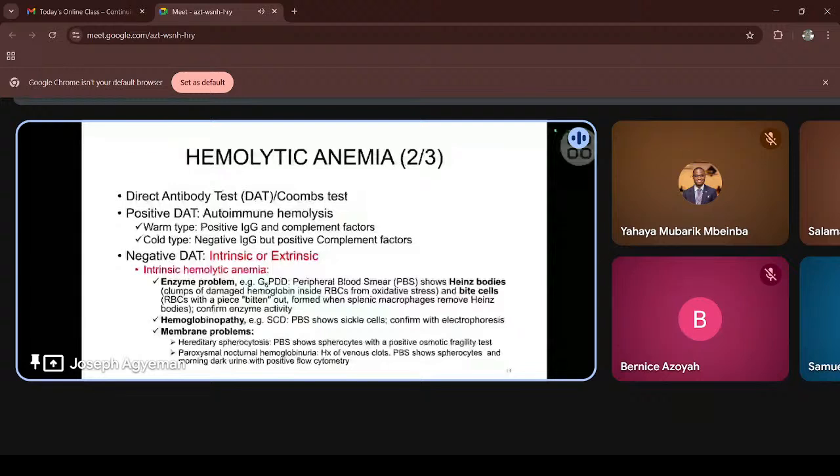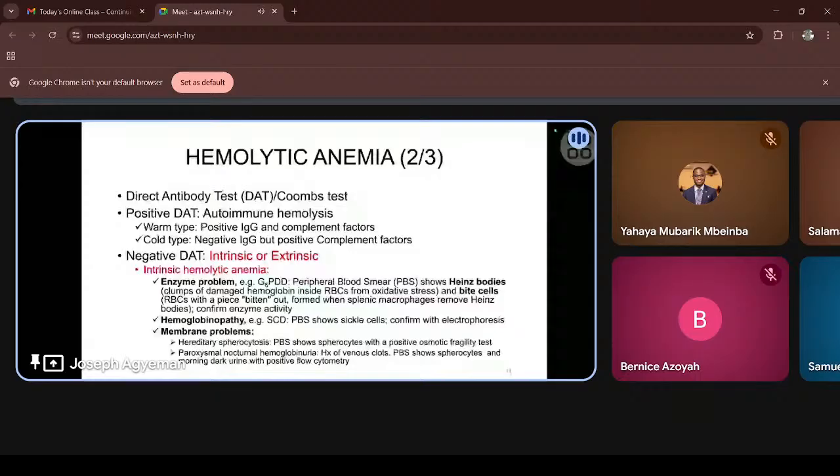The moment you see this on peripheral blood smear, suspect glucose-6-phosphate dehydrogenase deficiency, because by that time you already know that there is hemolysis, that the Coombs test is negative, and on the peripheral blood smear you are seeing Heinz bodies and bite cells. Suspect glucose-6-phosphate dehydrogenase. What do you do? Confirm the enzyme activity, whether it is a partial or full defect. This is how we confirm whether it is G6PD or not.